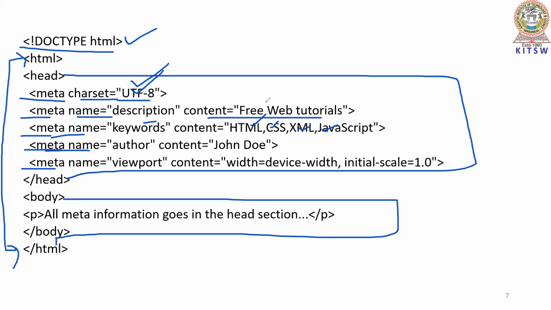This information is metadata. Next, what is there in the body part? All meta information goes in the header section. This is the only line that is displayed after execution of this program.